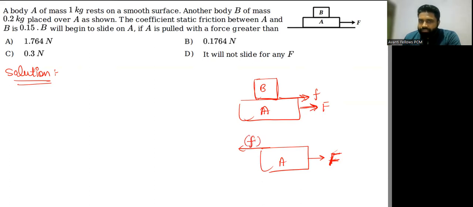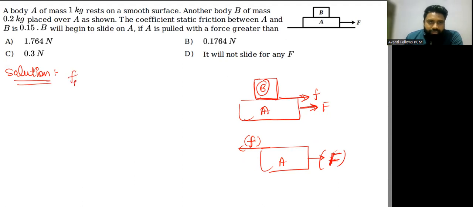Because this value of friction is limited, it can only go up to the limiting friction value. If the force exceeds it, then there is not enough friction to hold block B at this position, and it will start sliding. So we have to calculate the force of friction.